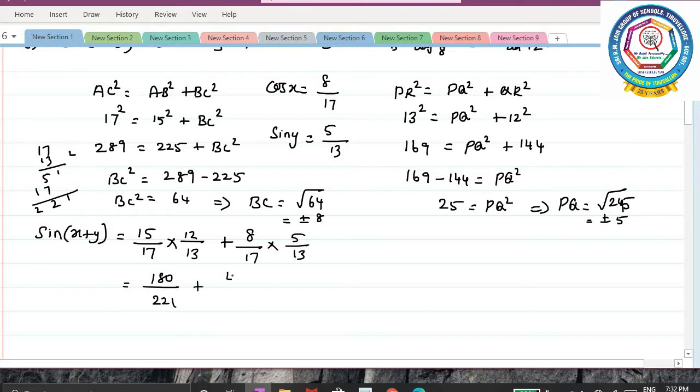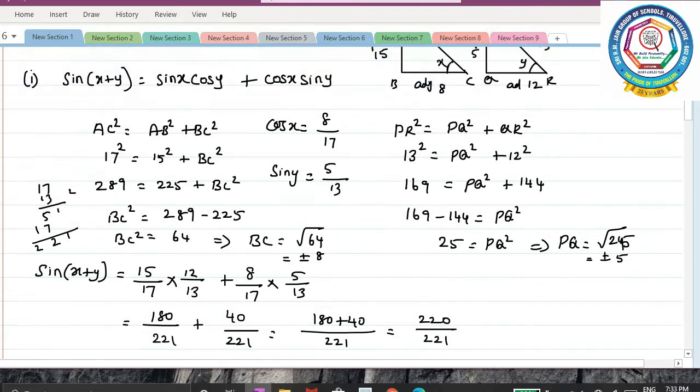Plus 8 5s are 40 by, here also, 221. If both denominators are equal, you can add the numerators directly. So 180 plus 40, that is equal to 220 by 221. So sin of x plus y equal to 220 by 221.